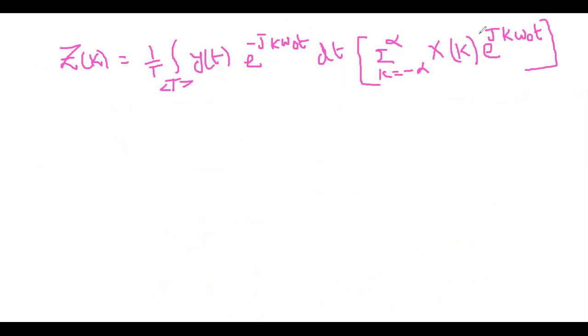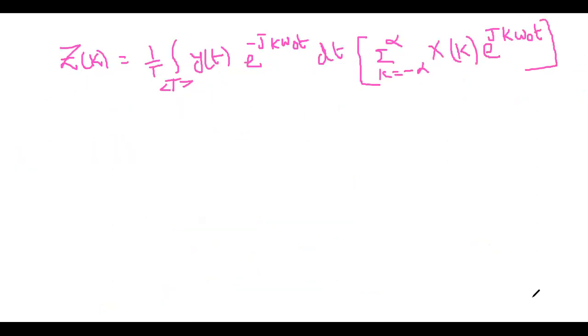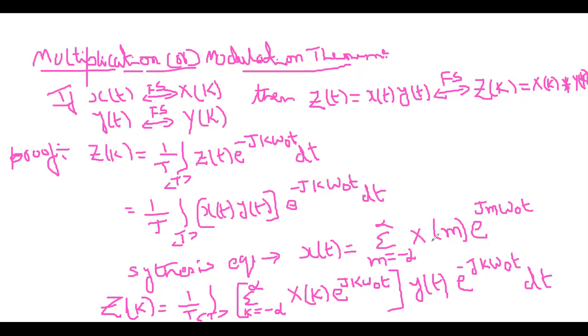But by using these remaining equations, whatever you have in the z of k, the x of k, and the convolution of y of k, you will get that one. So I replace that k as m. Okay, k as m. So modified here also the k.